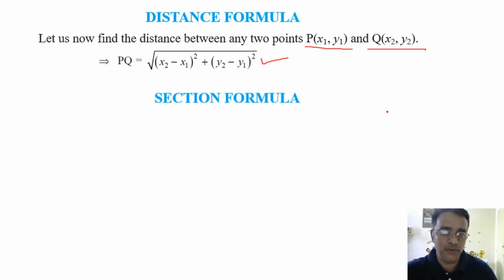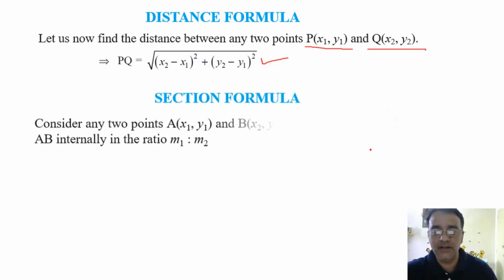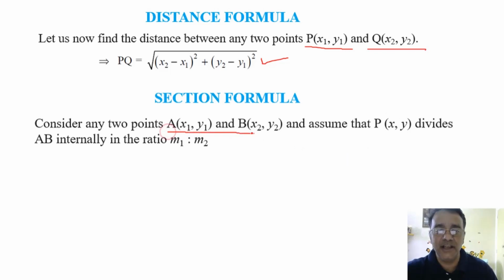And the section formula. If 2 points are there A and B, and assume that P divides AB internally in the ratio m1 is to m2. In this I already told you that one trick is there to remember the formula. Write x1 x2 like this and y1 y2. Now write m1 m2.